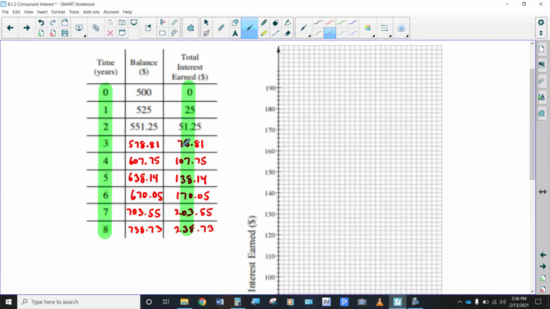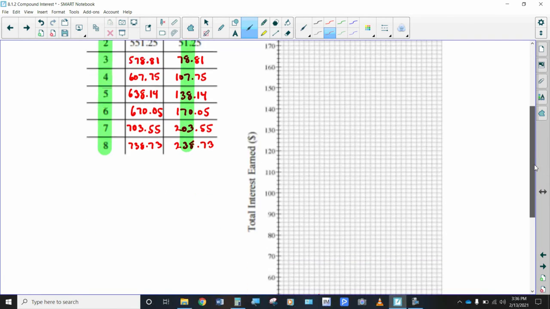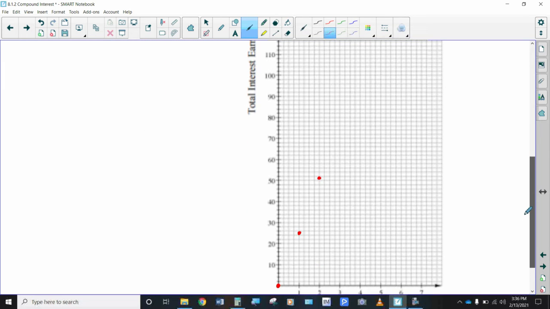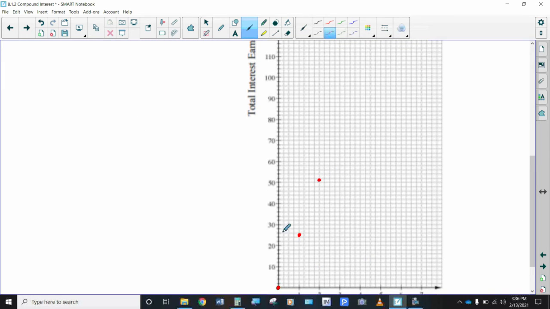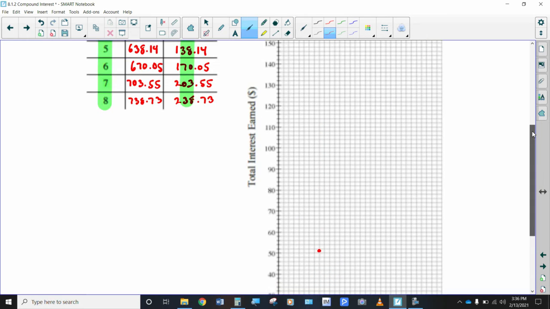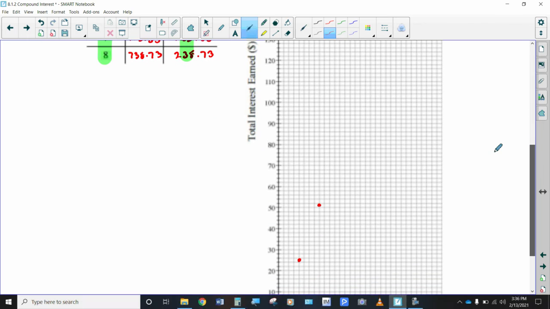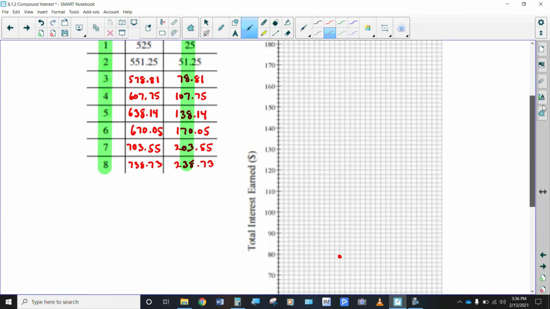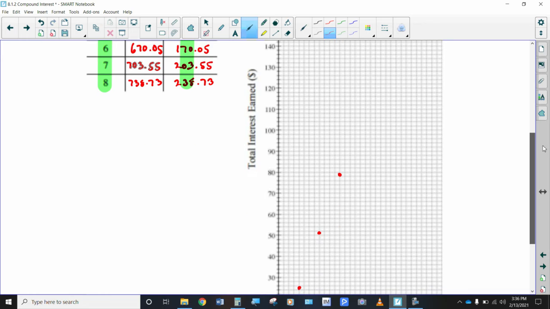Then 3 years is 78.81. 3 years. What are we moving over here? 1, 2, 3, 4. So 78.81. Here is that one. We're going to go down just a little bit. All right. The next one is at 107.75.